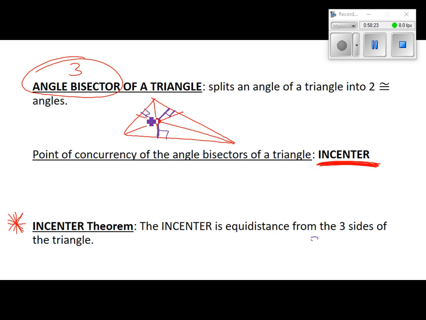Remember, mine doesn't look like it because I make my points too big. Distance always has to be the perpendicular going out to those. But those 3 distances always have to be the same. That other theorem said it had to be the same distance from the corners of the triangle. This one says it's the same distance from the sides of the triangle. So they're sort of similar, but just dealing with sides this time instead of the corners.